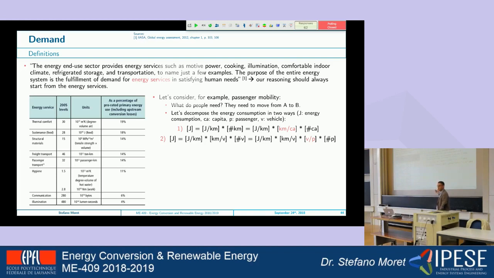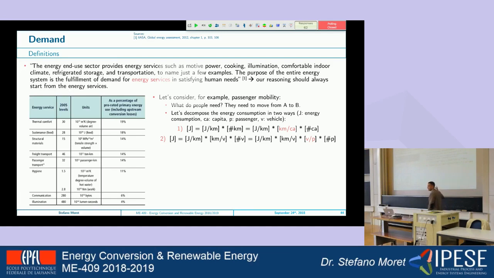Another way to decompose the energy consumption is the second one. Again the fuel efficiency of cars, how many joules we consume per kilometer, times how many kilometers we run on average per each vehicle which is moving, divided by how many passengers there are per vehicle, multiplied by the total number of passengers.